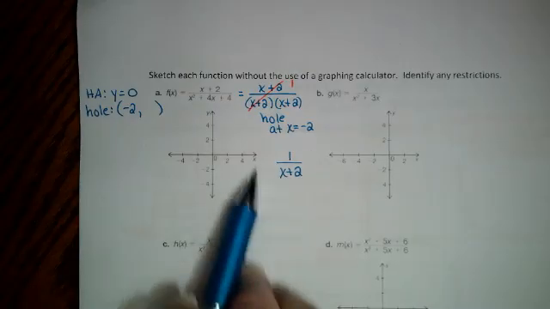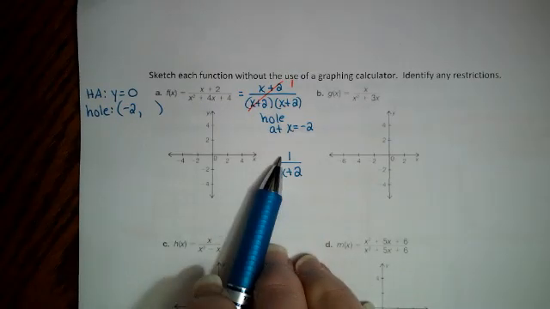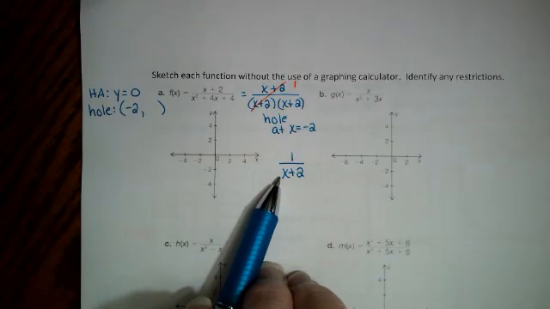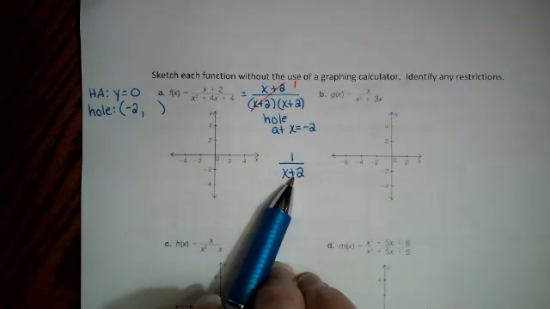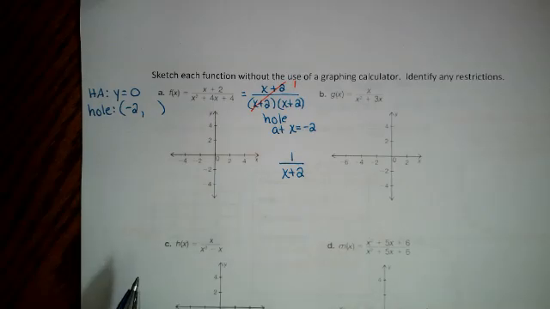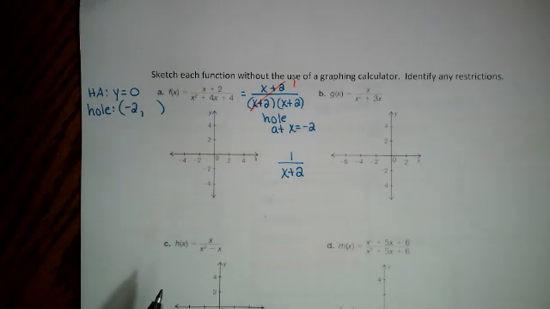Once we divide out that common factor, we look at what's left. So this is the function I'm going to work with for the rest of the problem. So let's plug in negative 2. Well, what happens at negative 2 plus 2? Well, that's 0, because negative 2 became my vertical asymptote.